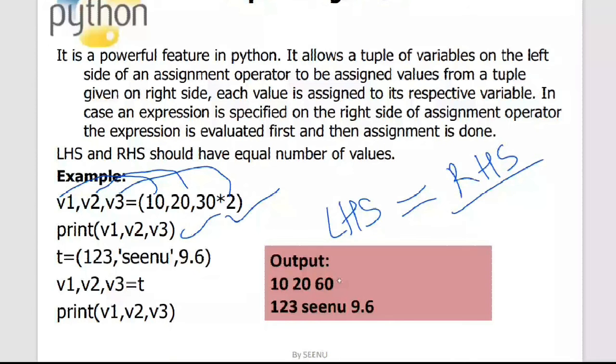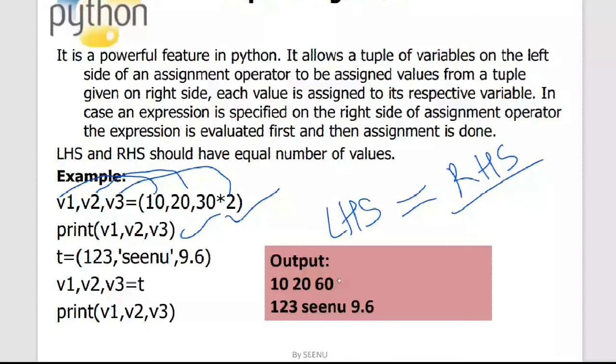And then we say t is equal to, so I have some tuple over here. Because this tuple has three items, I can also say v1, v2, v3 is equal to t. This is also valid. When I print v1, v2, v3, each item will be individually assigned to a variable. 1, 2, 3 is the first item in the tuple, assigned to v1.